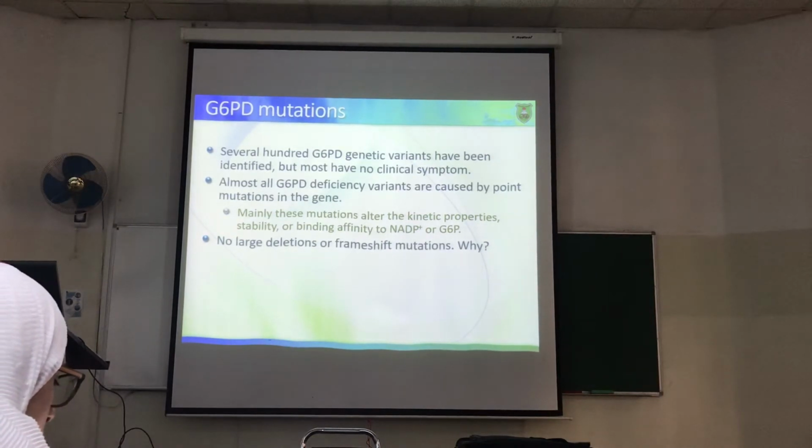If you had a major deletion or frame shift mutation, it means that this person dies early on. So all of these mutations that exist in this enzyme are basically point mutations. And there are different variants, different types, different mutations.